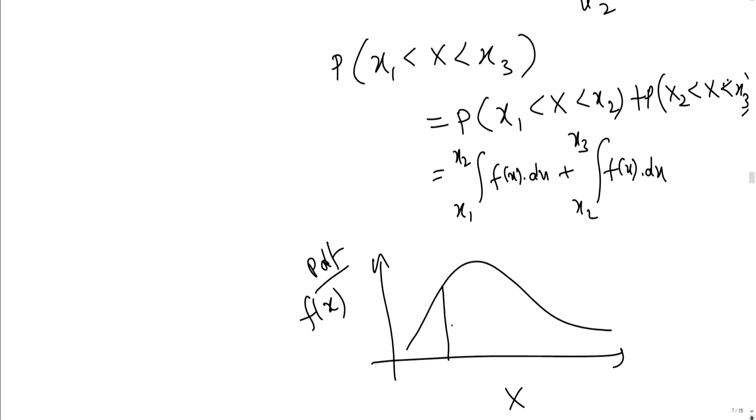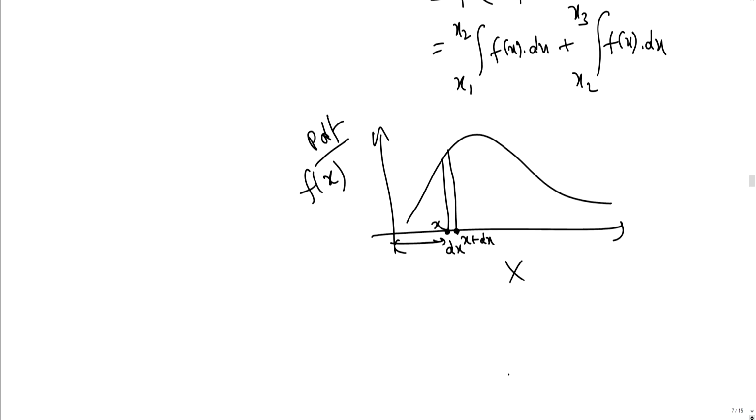If we take small segments of width dx, where the point here is x and the point there is x plus dx, and the height of this segment is f of x and the width is dx, that is the area of this particular segment, right.